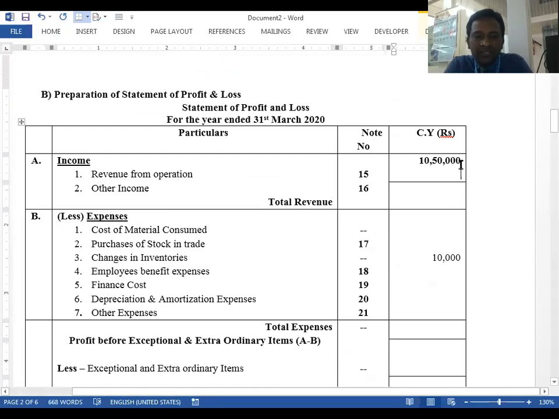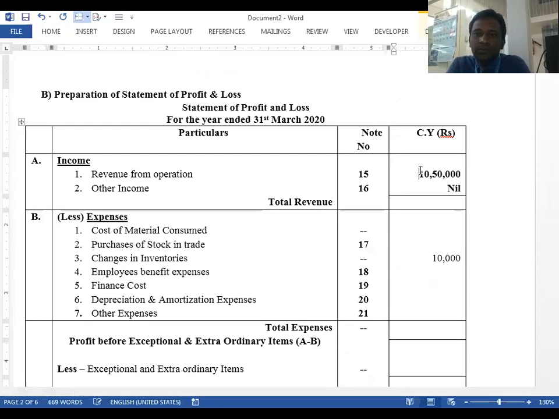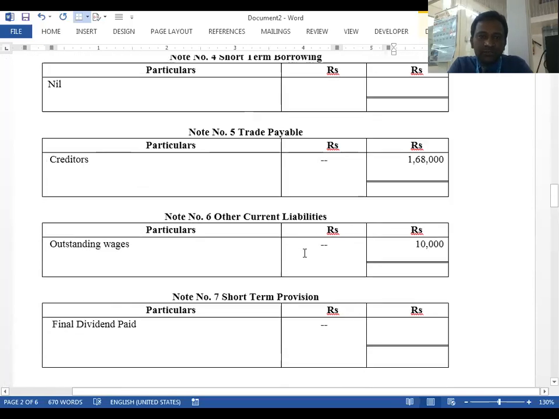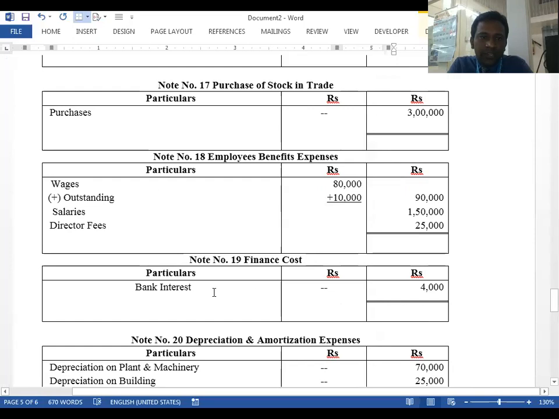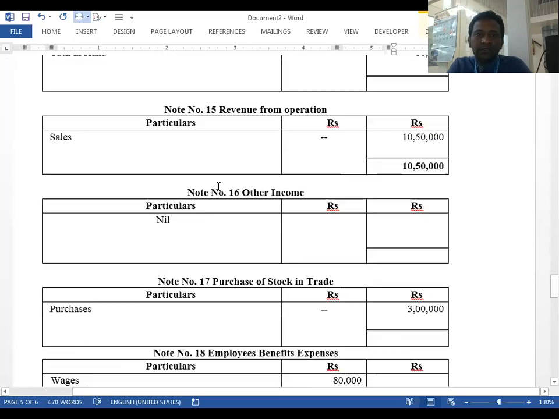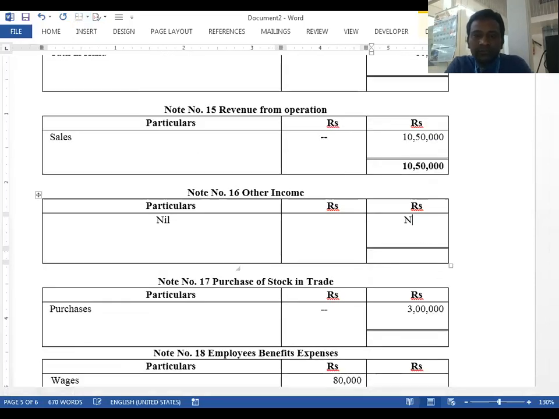Then other income is nil. There is no other income given in this problem. So 10,50,000 is the total revenue. Notes number 18. Other income, nil.